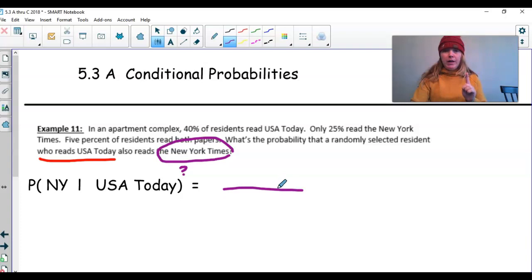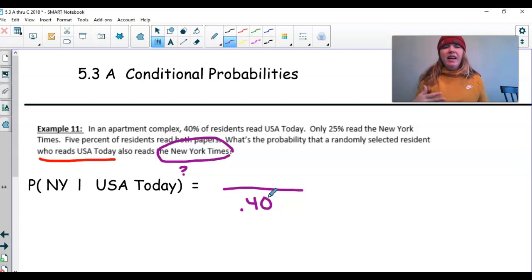What do we know in the question? Out of everyone who reads the USA Today, 40% of them read the USA Today, so 0.40. Whenever I'm dealing with mathematics and I have a percentage, I just naturally move that decimal two places to the left.